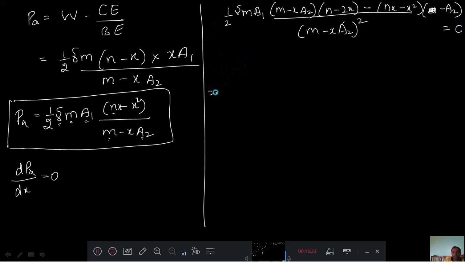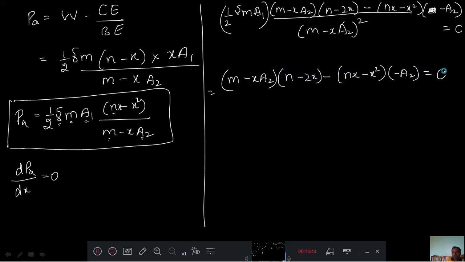Then this term becomes 0, and the numerator will be (M minus x A2) into (N minus 2x) minus ... equal to 0. Then this minus becomes plus. Now I will send this entire term to that side. No problem, keep it here only, and we'll resolve the brackets.